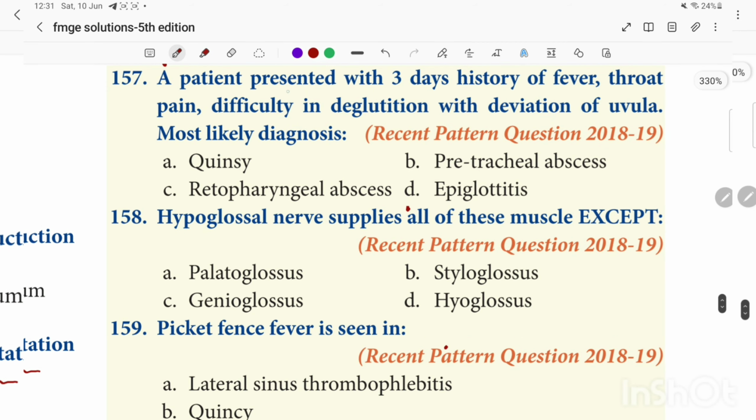A patient presented with 3-day history of fever, throat pain, difficulty in deglutition with deviation of uvula. If deviation of uvula is given in the question, then think quinsy.